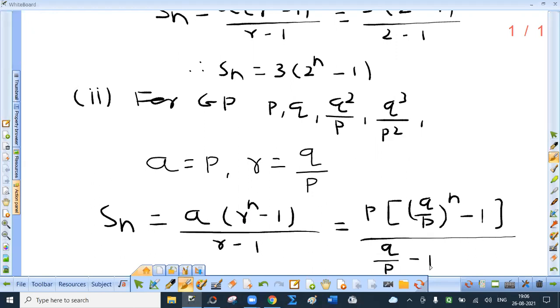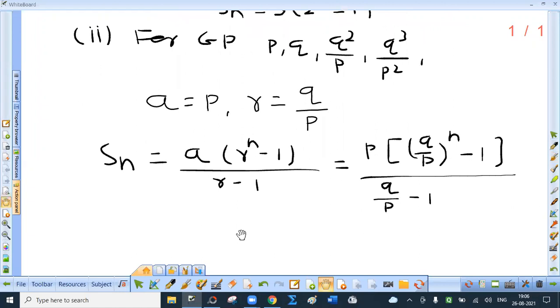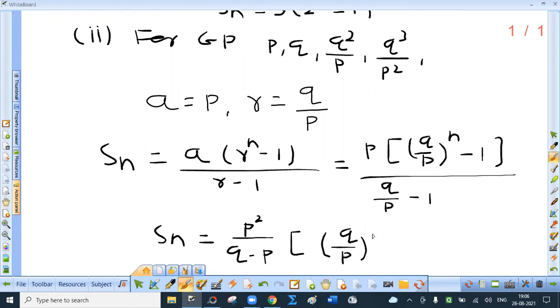Just check this. Simplify. So Sn comes out to be, I'm writing this directly, P square upon Q minus P into Q upon P raised to n minus 1. Write down.